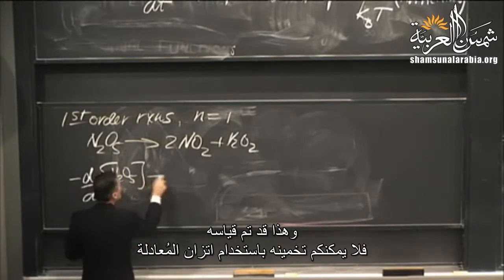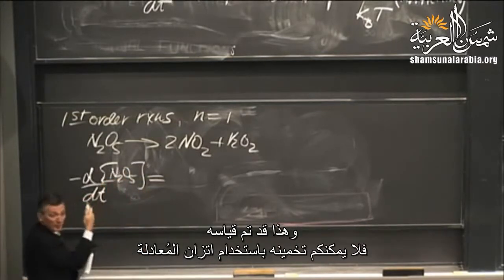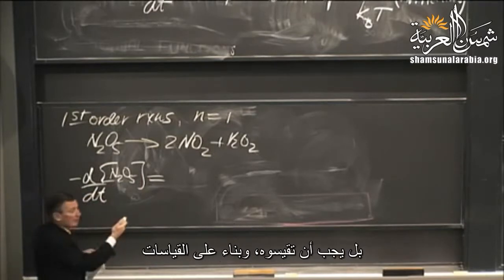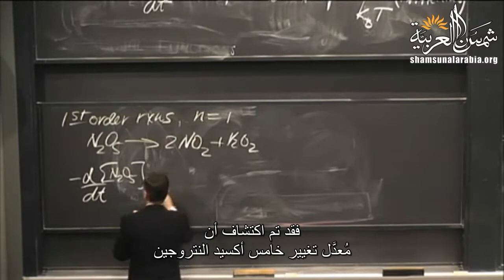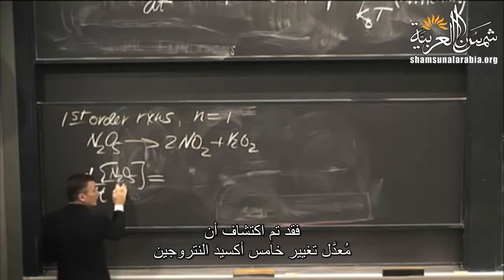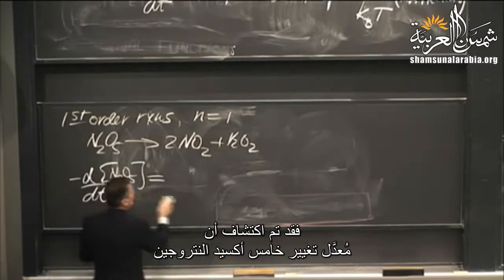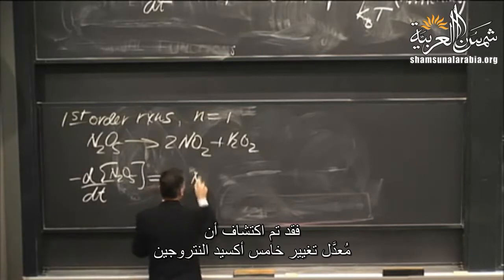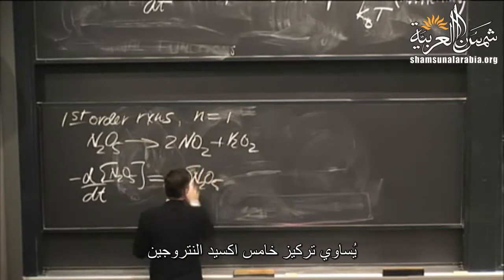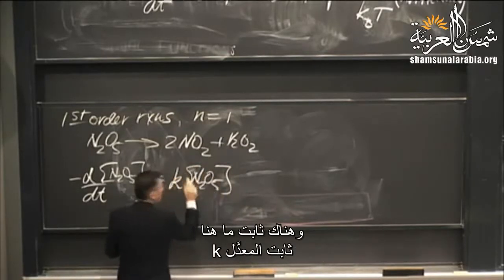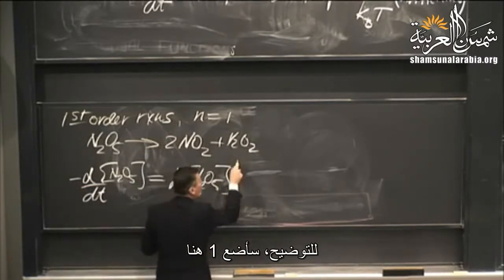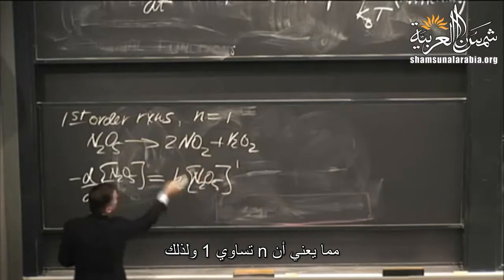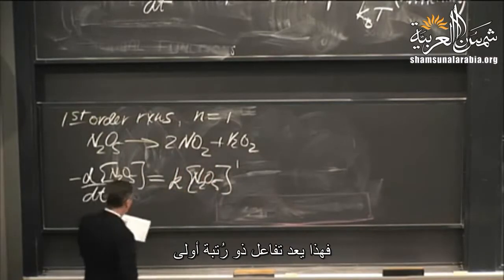And this has been measured. You can't predict this from the stoichiometry of the equation. You have to measure this, and on the basis of measurements, it's found that the rate of change of N2O5 goes as the concentration of N2O5, and there's a constant out here, the rate constant. So just to make the point, I'm going to put a 1 here, meaning that n equals 1, and that's why this is a first order reaction.